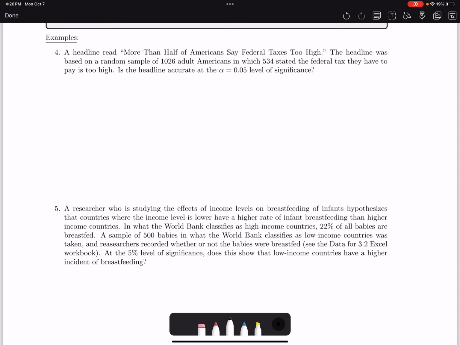Is the headline accurate? Well, let's see. The null hypothesis is that it's not accurate, that the proportion of people who say federal taxes are too high is not more than 50%, that it's only equal to half. And then the alternative is that it is more than half.